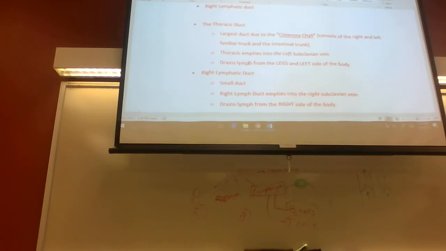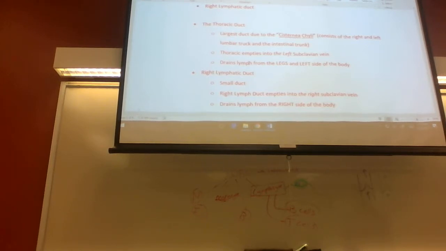It consists of the right and left lumbar trunk and the intestinal trunk. You have your thoracic duct, which is the biggest thing in your body, and your right lymphatic duct. The main takeaway is your right lymphatic duct drains into your right subclavian vein, while your thoracic duct drains into your left subclavian vein.